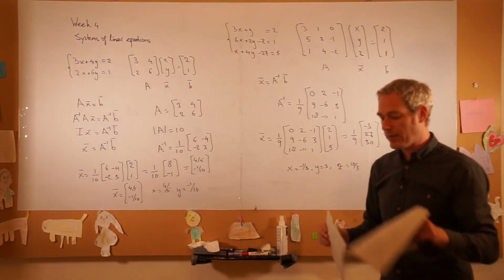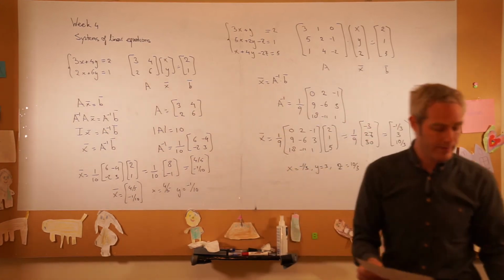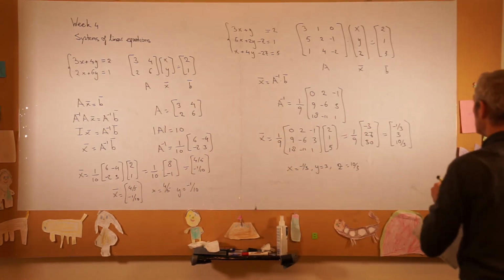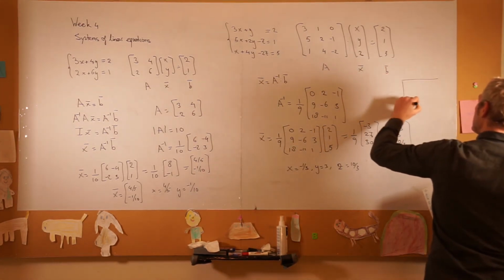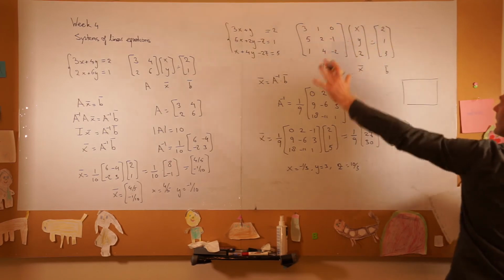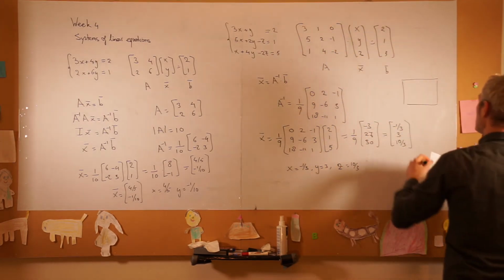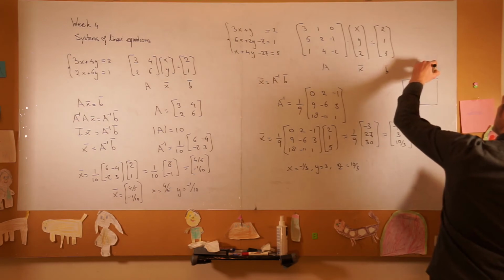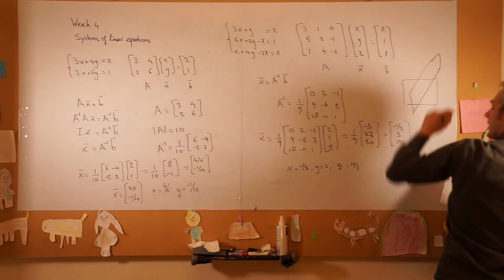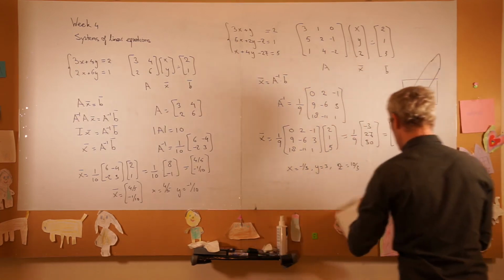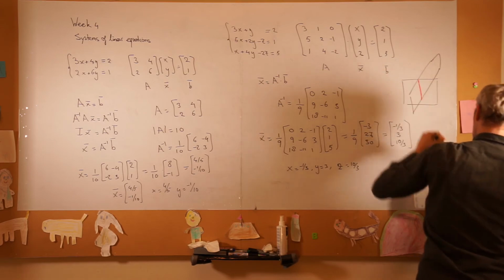So if we have two planes intersecting, it will be a line, and I'll make a brave attempt to draw that. So if we have one plane, and remember this extends out in all directions, we intersect that with another plane, and that intersection will be a line.